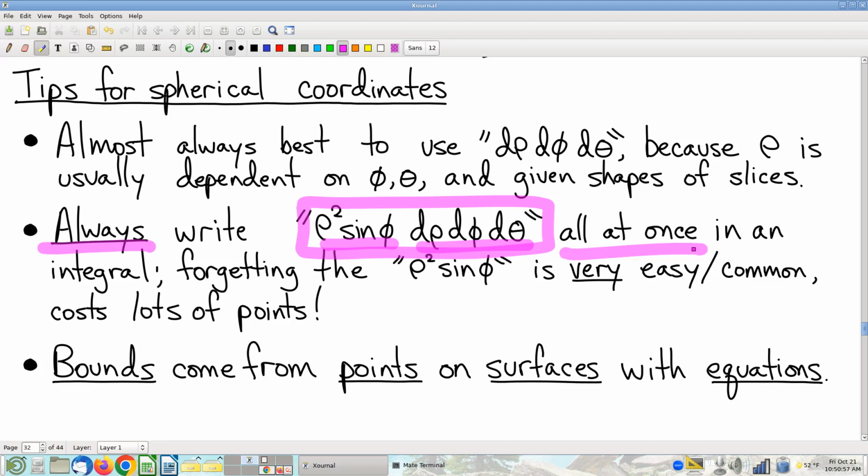Don't ever write down d rho d phi d theta by itself. Why would you do that? You're just setting yourself up to forget. Costs you nothing to write it all down all at once. So I encourage you to memorize this thing, rho squared sine phi d rho d phi d theta. Just like that, it should roll off your tongue instinctively. Right? And always write that down together.